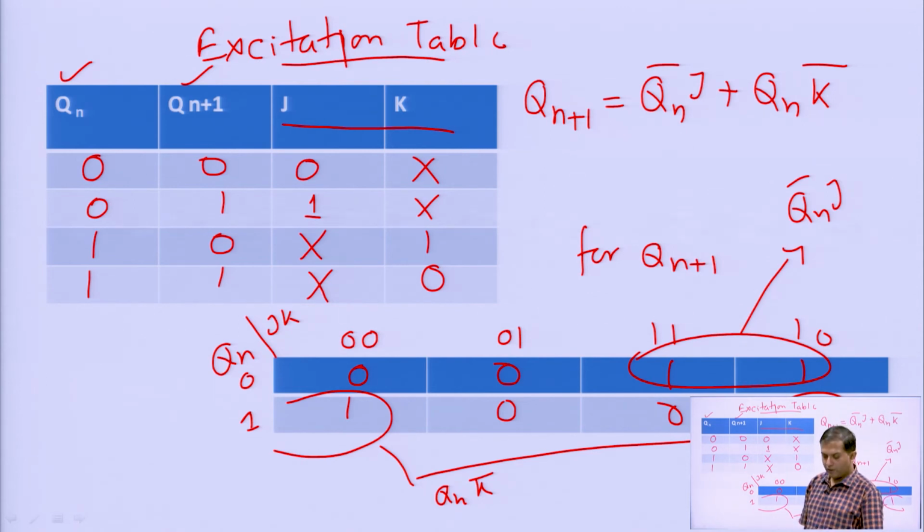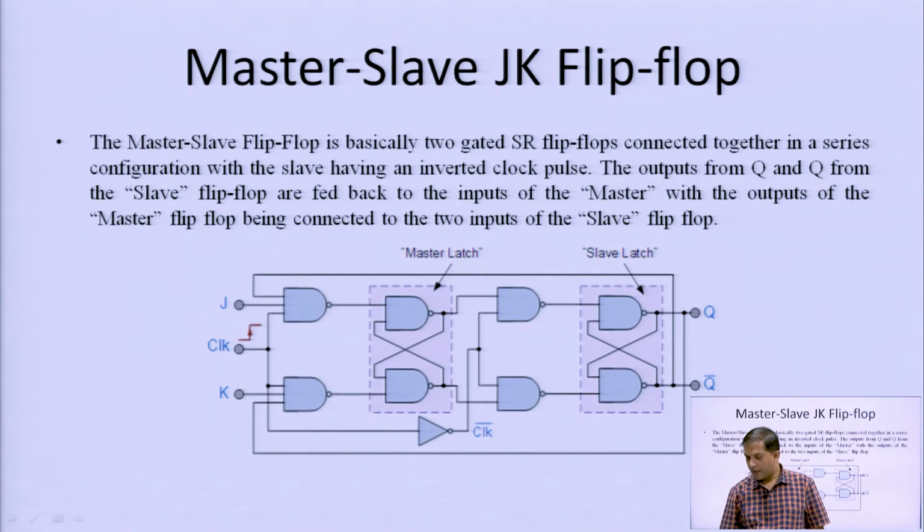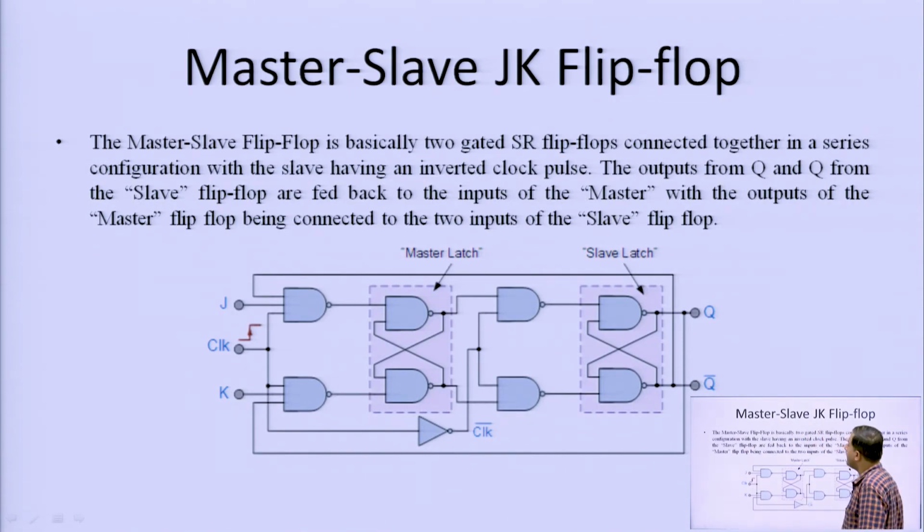Now, there is a problem of toggling, which is called the race around condition in JK flip flop. To solve that problem, we implement the master slave JK flip flop. So, now we will discuss the master slave JK flip flop. The master slave JK flip flop is basically 2 gated SR flip flops connected together in a series configuration, with the slave having an inverted clock pulse.